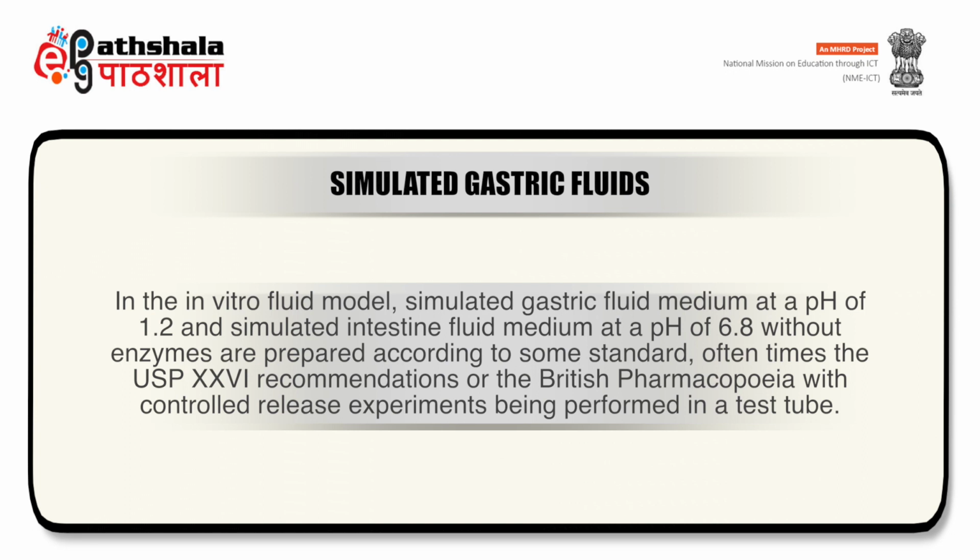In the in vitro fluid model, simulated gastric fluid at a pH of 1.2 and simulated intestinal fluid at a pH of 6.8, without enzymes, are prepared according to standards, often the USP or British Pharmacopoeia recommendations, with the controlled release experiment being performed in a test tube.